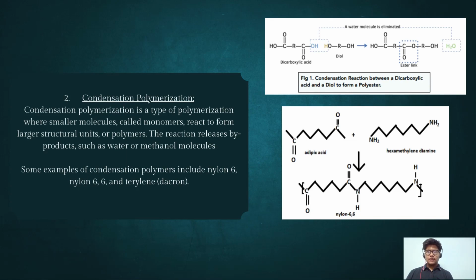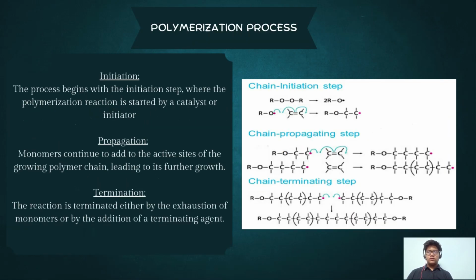Now let's move on to the next topic, the polymerization process. The polymerization process has three stages. Stage 1, initiation. The process begins with the initiation step, where the polymerization reaction is started by a catalyst or an initiator. To understand this, let me give you a small example.